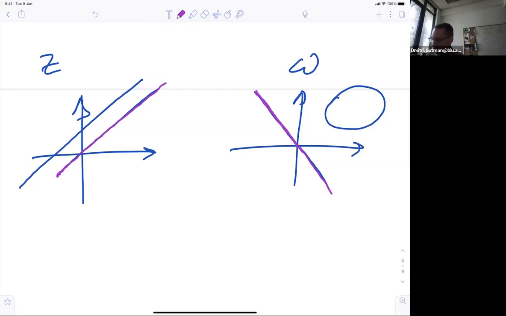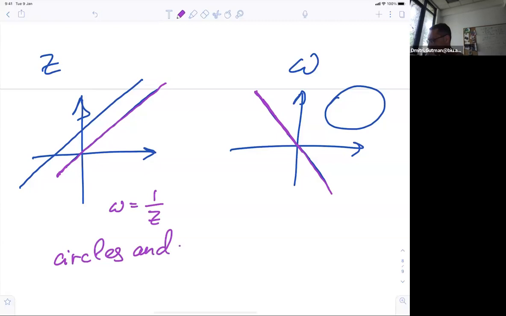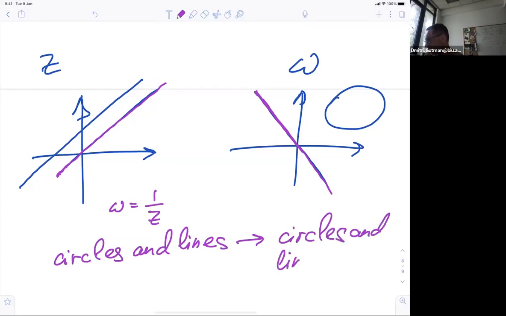So the conclusion is that the transformation w equal to 1 over z sends circles and lines to circles and lines.